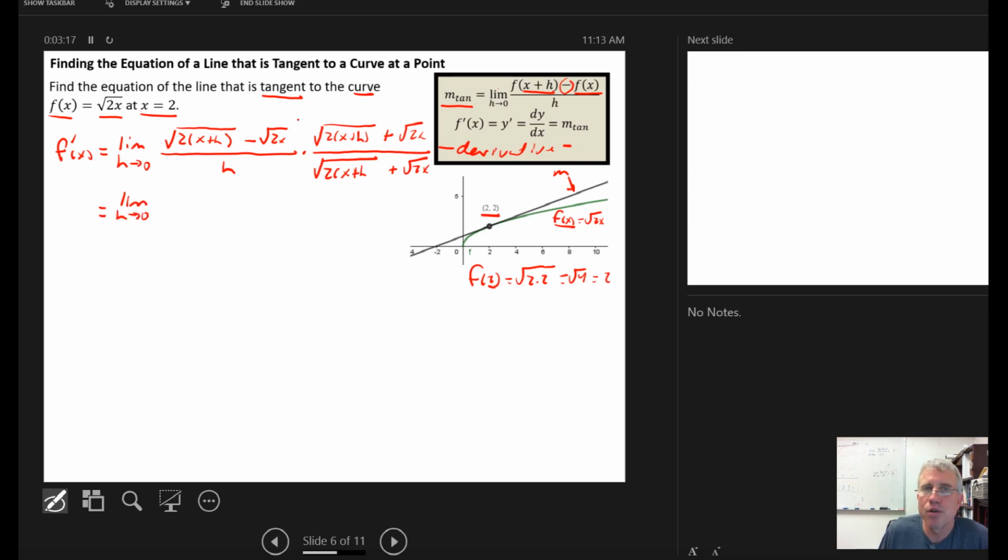When I multiply the numerator, I want to recognize that because I am multiplying a product of conjugates, the middle terms cancel, and I'm just going to get an a squared minus b squared form.